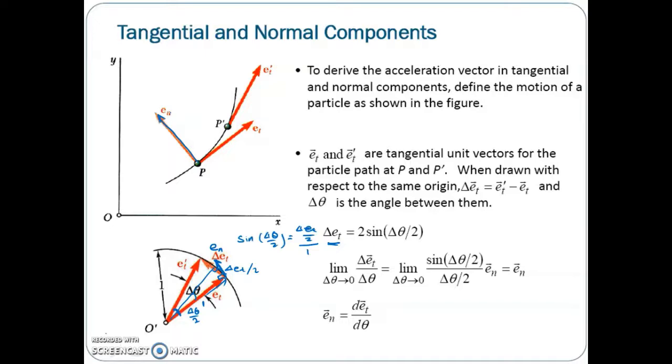In other words, simplified, e_n itself is equal to de_t over d theta, as you can see here.